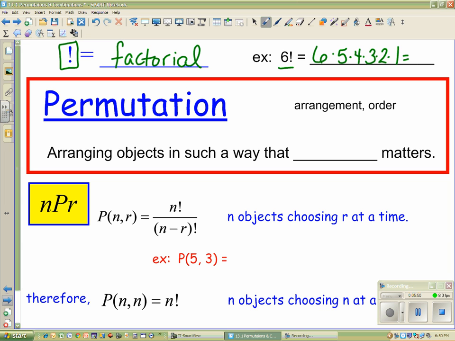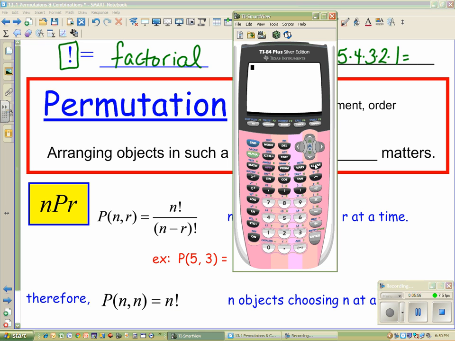And while you could punch that into your calculator, there is a better way, and that is to use the factorial symbol. Let's key in our 6 first because we'll need that. Go into math, and we want to get into probability.